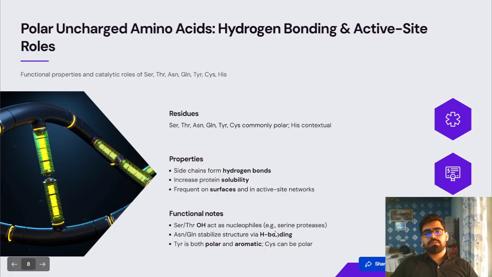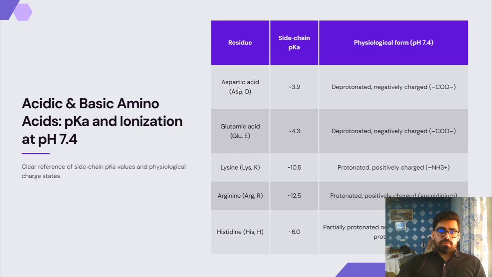So the most suited examples for these acidic and basic amino acids are the residues aspartic acid, glutamic acid, lysine, arginine, histidine. They have certain pKa values of their side chains, as we can clearly observe. Physiological form: deprotonated, negatively charged, so it is present at the C terminus with the COO minus. Also negatively charged, present with COO minus at the carboxylic end.